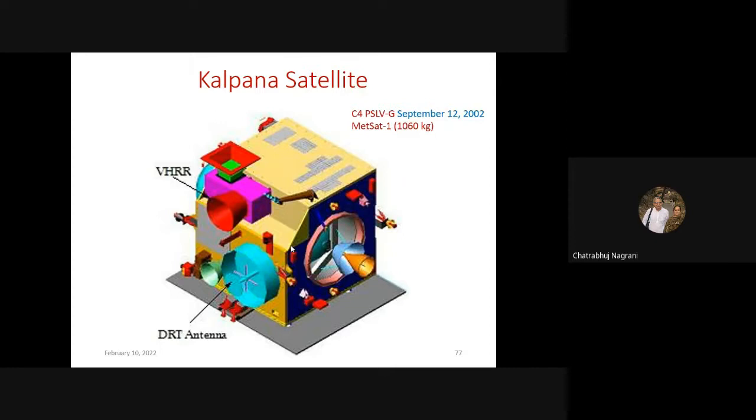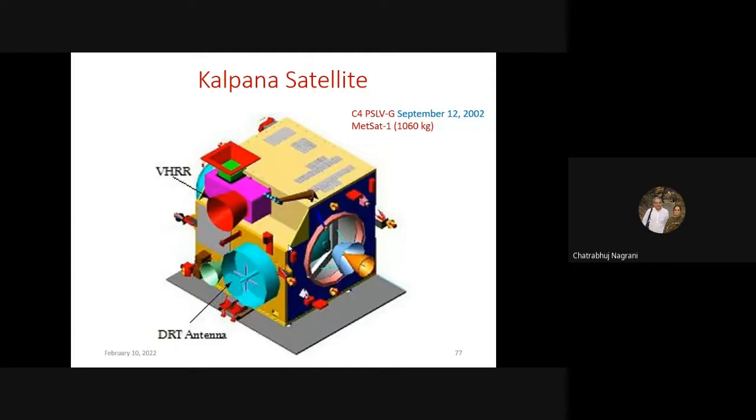So we had to optimize our profits, or optimize the utility of the satellite. We had some communication, some weather, both instruments were there. But then as our weather instruments became more complex and much better in resolution, we went for satellites which do only weather work.